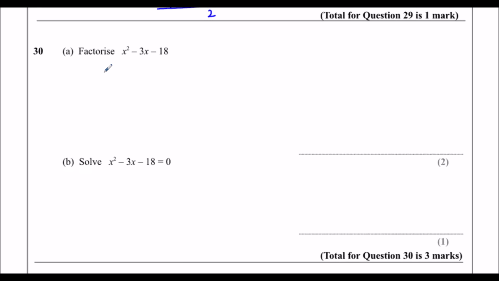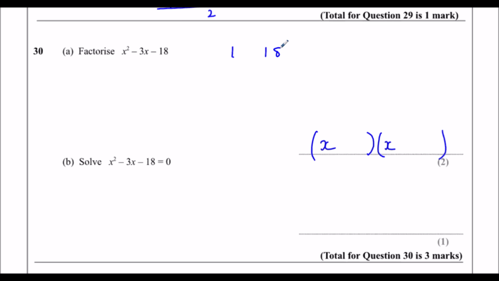Question 30. Factorize x squared minus 3x minus 18. So we've got 2 sets of brackets, x in both. X times x give us x squared. We're looking for 2 numbers that multiply to make 18, or negative 18.